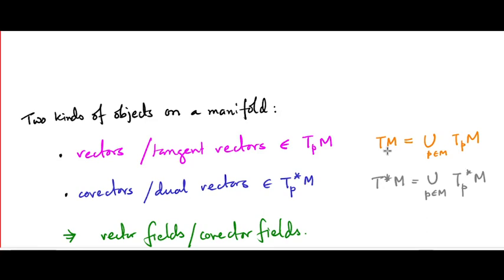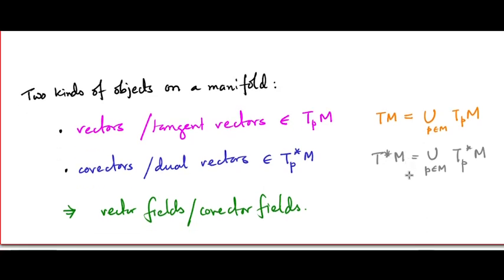And once you have the tangent bundle and the cotangent bundle, you can introduce the concept of vector fields or covector fields. These are maps from M to either TM in the case of vector fields, or M to T star M in the case of covector fields.